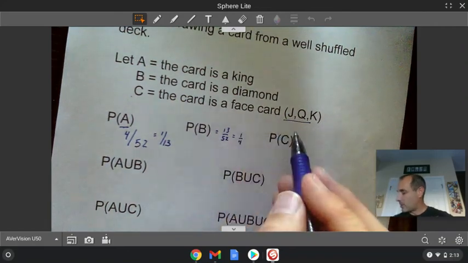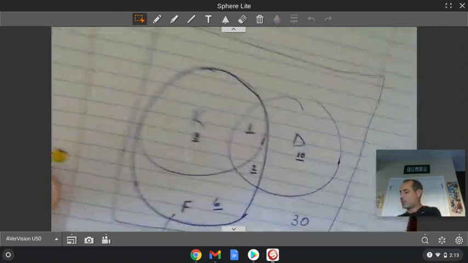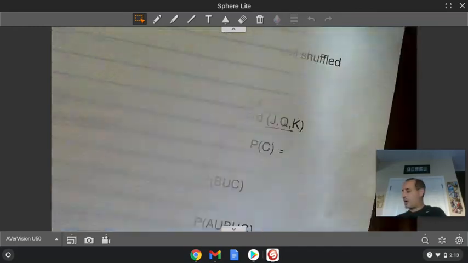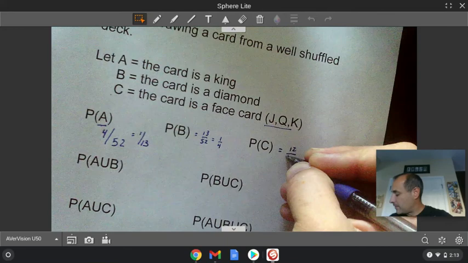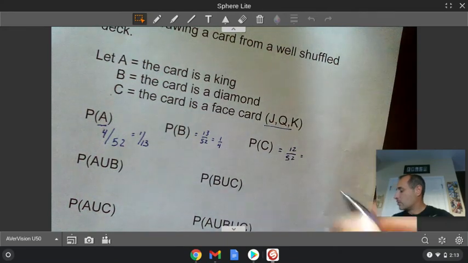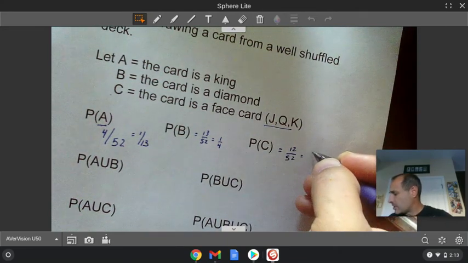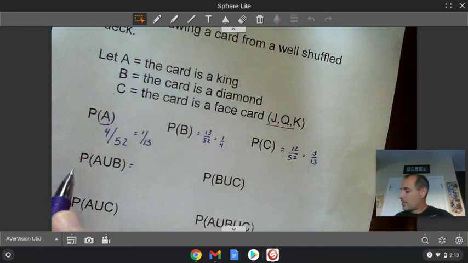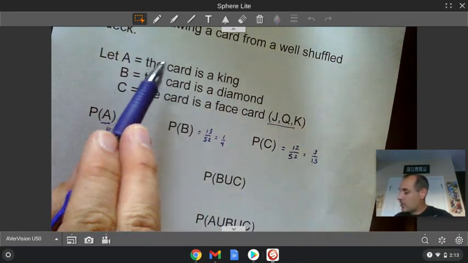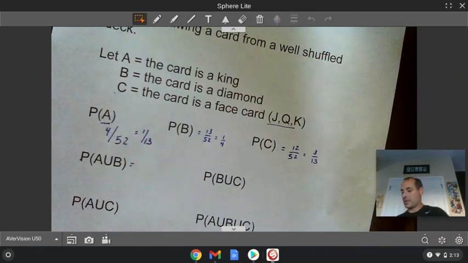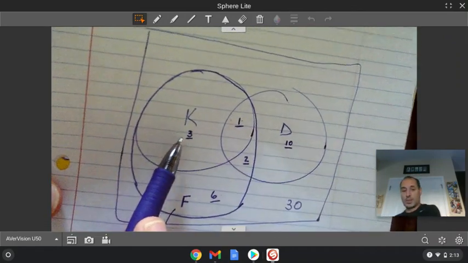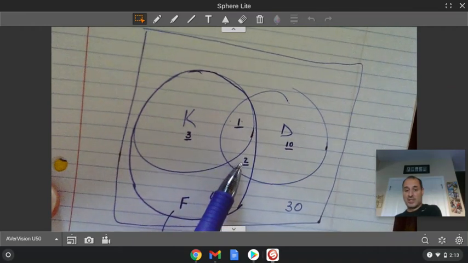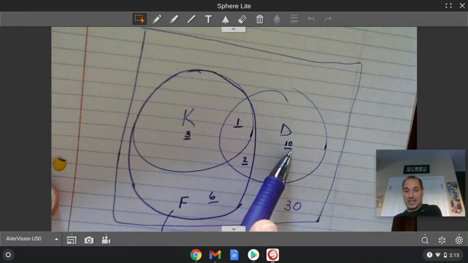The probability the card is a face card. Face card is 6, 7, 8, 9, 10, 11, 12, 12 out of 52, which reduces to 3/13. The probability that the card is a king or a diamond. A king, 3, 4, 5, 6, teen.